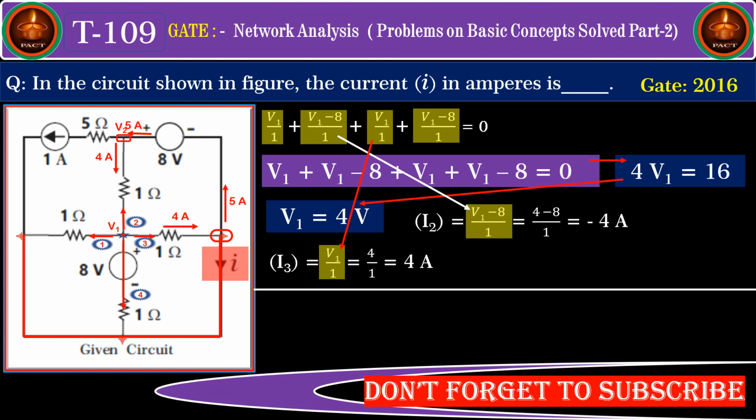Now if you look at the junction node, 4 ampere is entering, 5 ampere is leaving, therefore 1 ampere should enter as per the Kirchhoff's current law applied to a junction point. Now if you observe the direction of current of I and 1 ampere is different, therefore I is equal to minus 1 ampere. That is so simple.